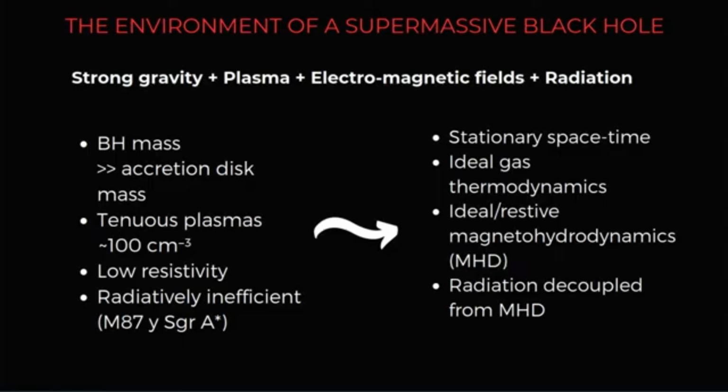Because these time scales are much larger compared to the time that it will take for plasma to get accreted by the black hole, we can safely consider that plasmas are radiatively inefficient. And this allows us to decouple radiation from the behavior of the plasma. So we can consider radiation separately from the MHD.